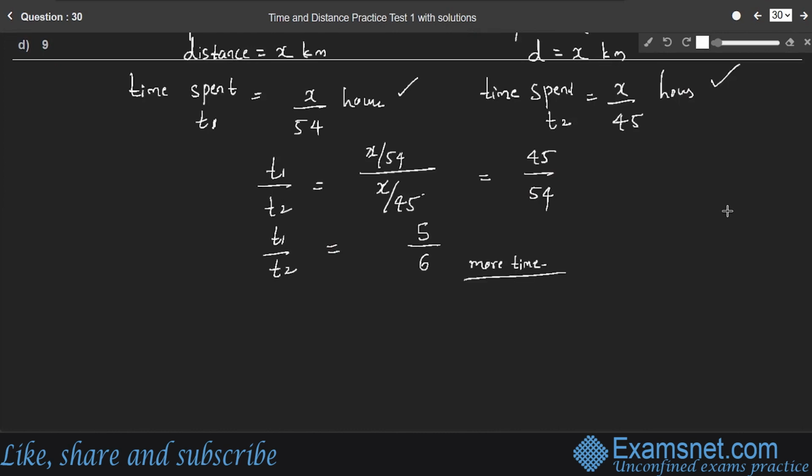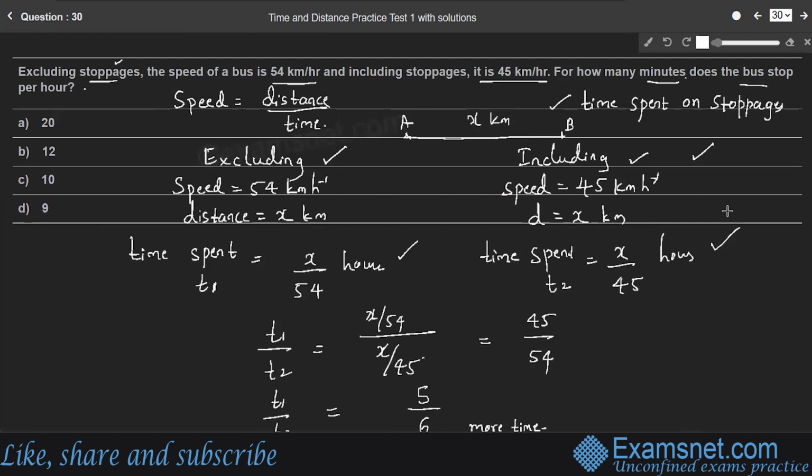How much more time is taken including stoppages? 1 hour more time is taken. Therefore, that 1 hour is the time spent on stoppages, which is 6 minus 5, the time including stoppages minus the time excluding stoppages. 1 hour time was spent on stoppages. Now come back to the question. How many minutes does the bus stop per hour? Per hour means in 60 minutes.